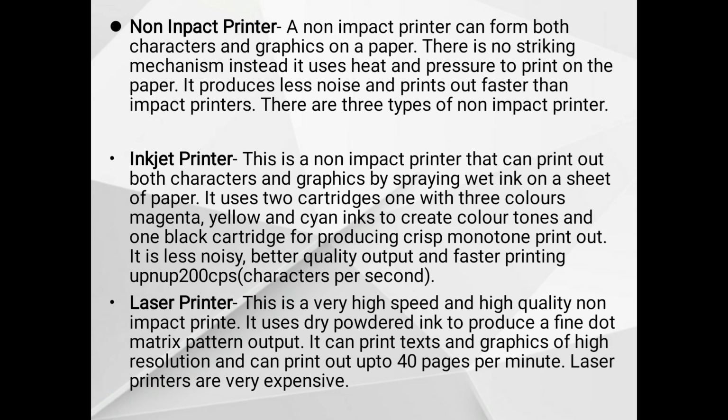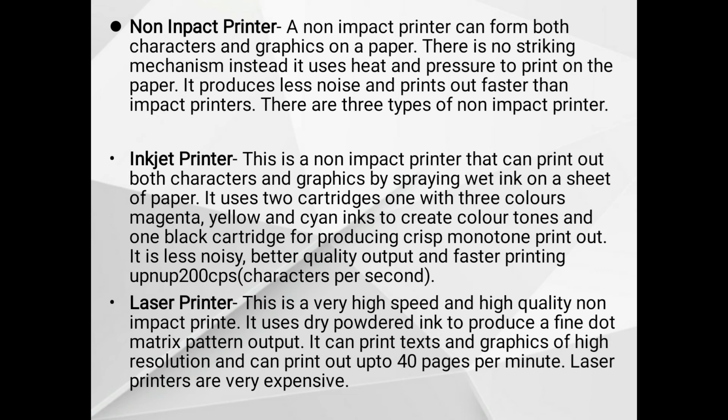The first one is inkjet printer. Now this is the most widely used, and this is much cheaper compared to the laser printer. So this is a non-impact printer that can print out both characters and graphics by spraying wet ionized ink on a sheet of paper.